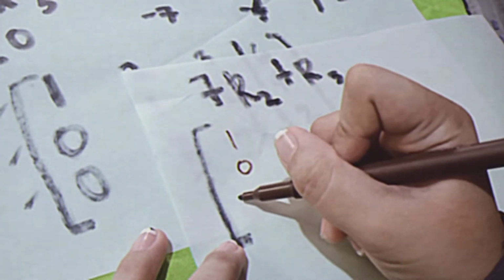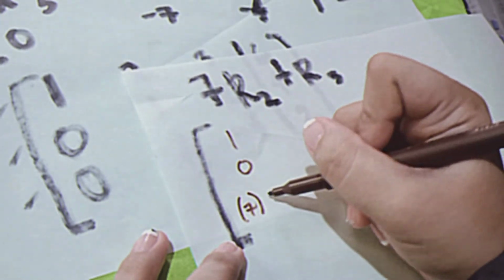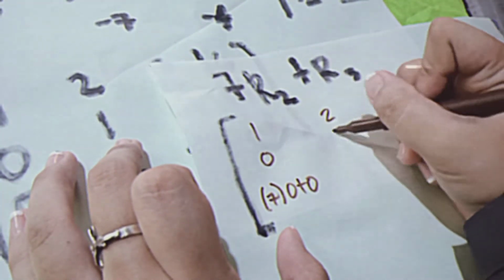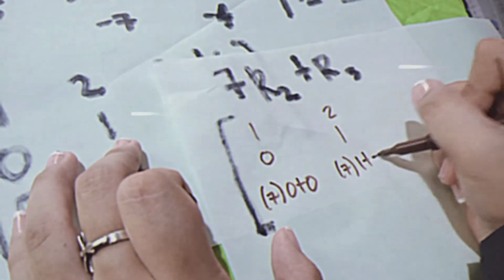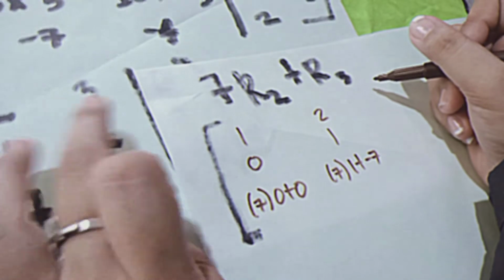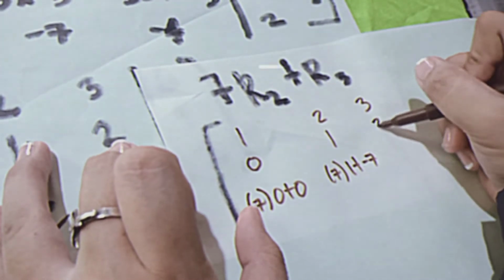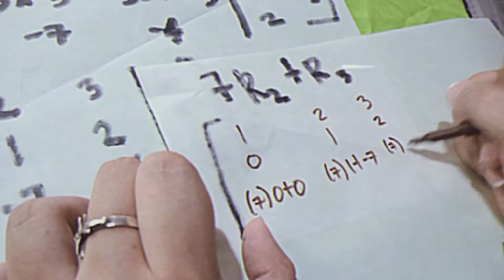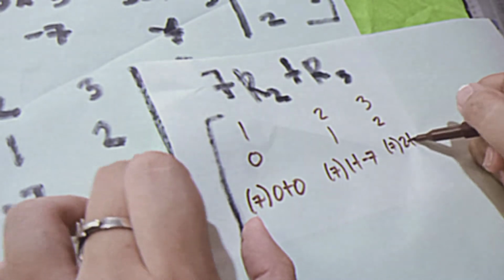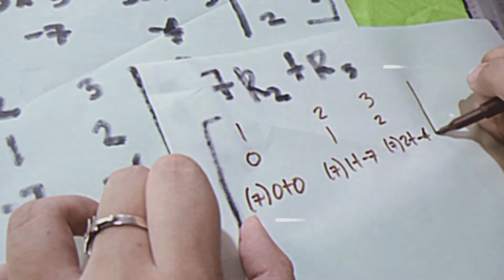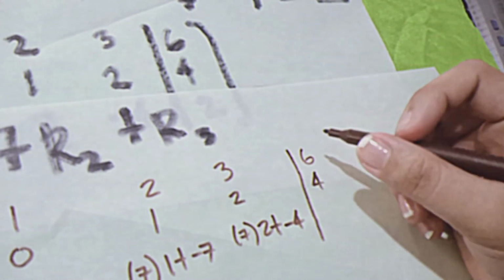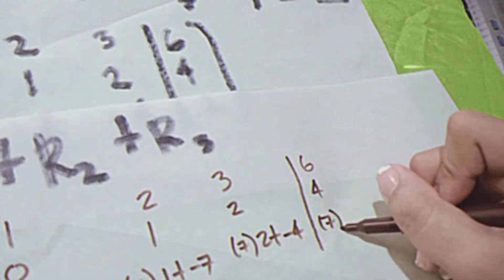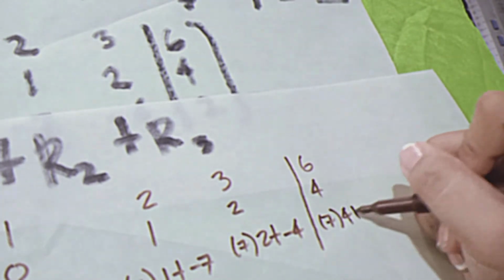And then 7 times 0 plus 0, then 2, 1, 7 times 1 plus negative 7, tapos 3, 2, and then 7 times 2 plus negative 4, then 6, 4, then 7, 4 plus 2.